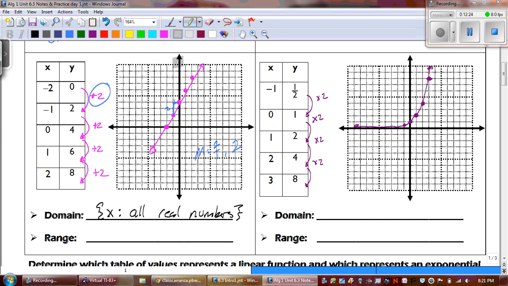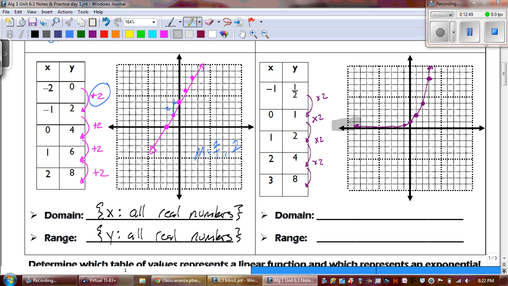And now when we're talking about up and down, your y values, your range, it's the same thing. There is no stopping it, okay? It can be all real numbers. Now, let's take a look at here.